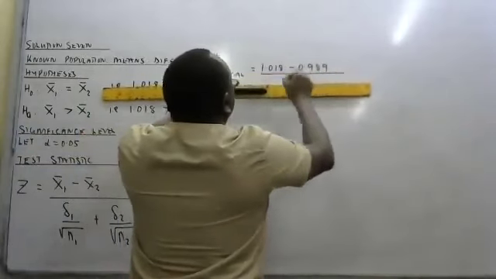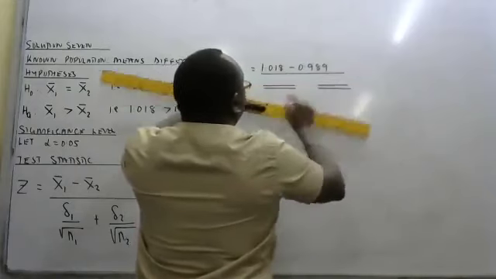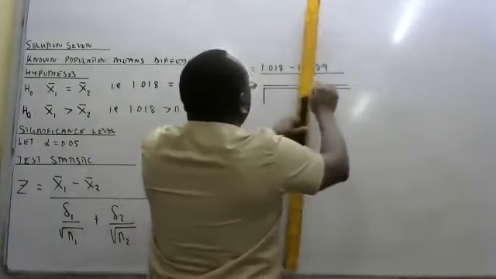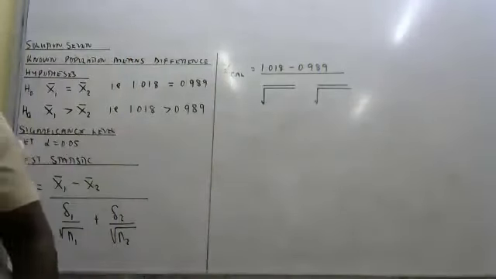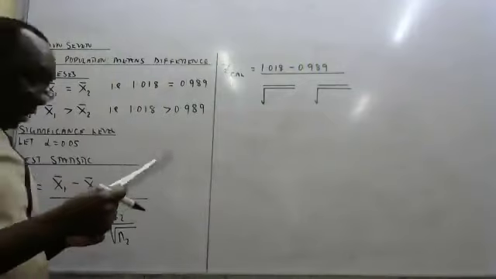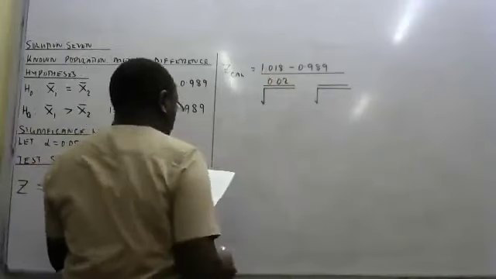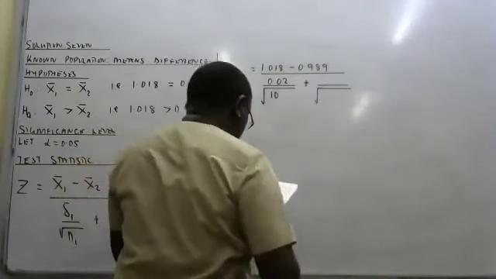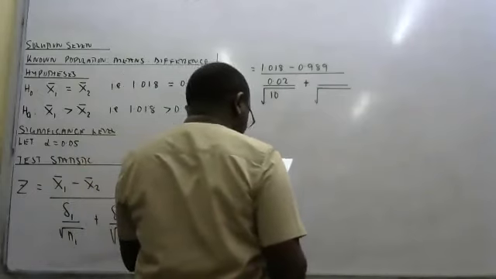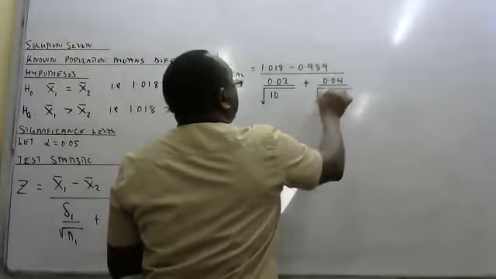This one you divide by the standard deviation of the first one, which is 0.02, divided by the square root of 10, plus the other one, whose standard deviation is 0.04 and the sample size is 12.